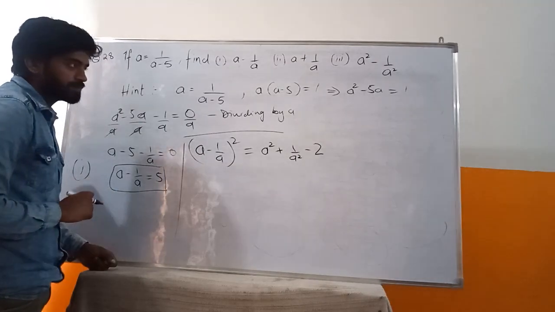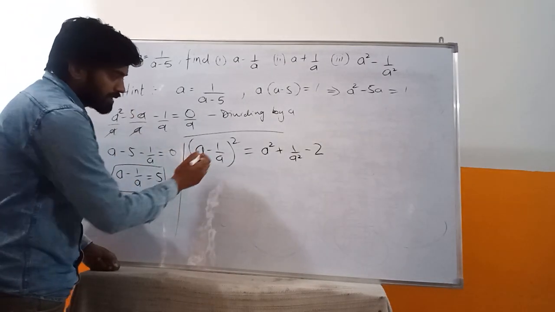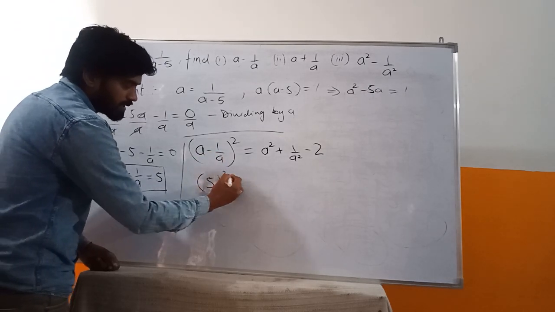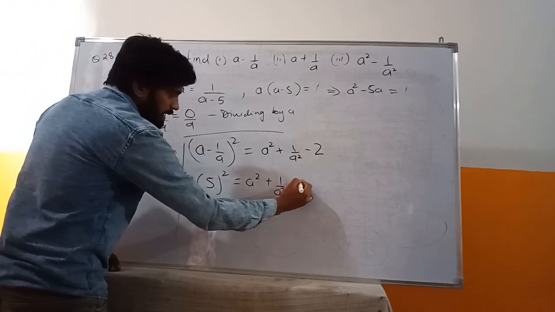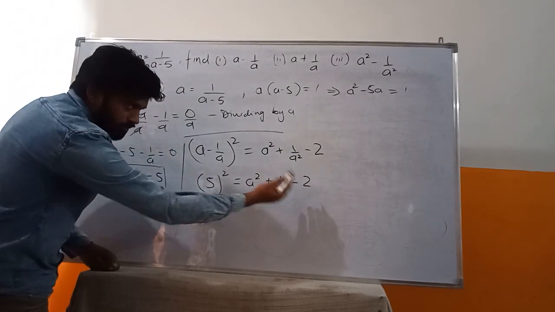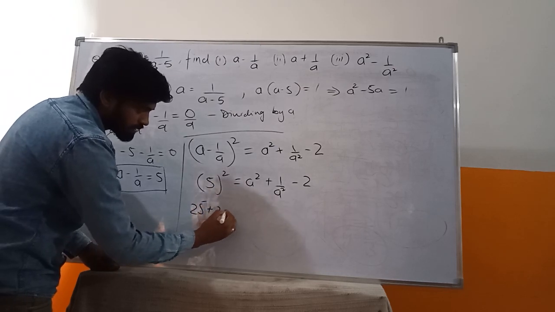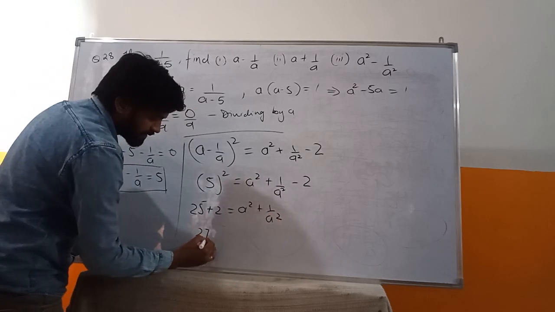This is the formula. Now you might notice that I have the value of this. So what's the value? 5. 5 square is a square plus 1 upon a square minus 2. 25, and 2 comes from that side to this side and becomes plus 2. Then a square plus 1 upon a square is equal to 27.